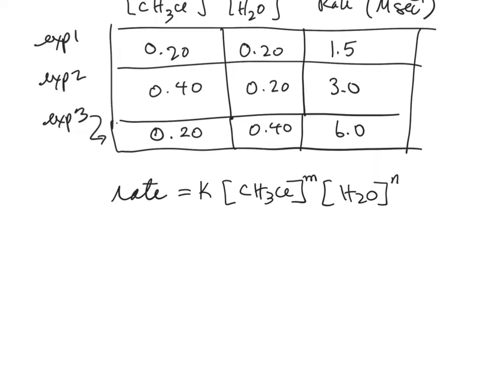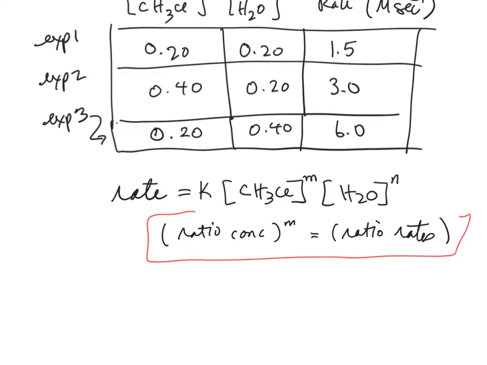Okay. So in general, we see that the ratio of the concentrations raised to the power m will be equal to the ratio of the rates. So this is going to be an important equation to work with.